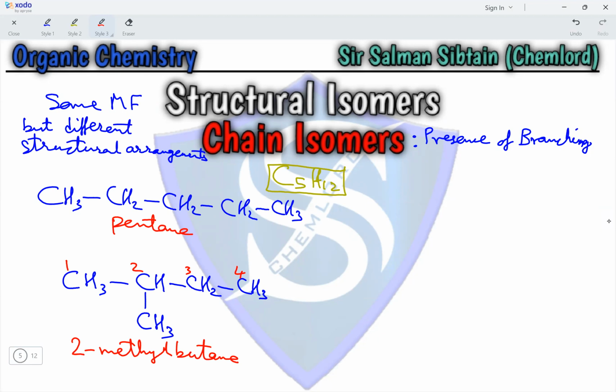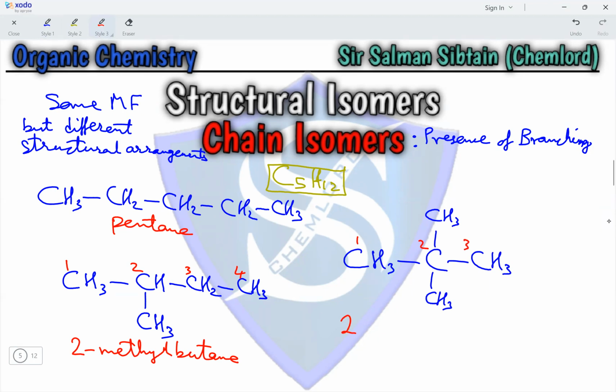Now, removing the remaining CH2 group and converting it into a substituent CH3 group, we end up with a carbon atom in the center bonded to 4 CH3 groups. The name of this compound now becomes 1, 2, and 3. So this is the parent compound.